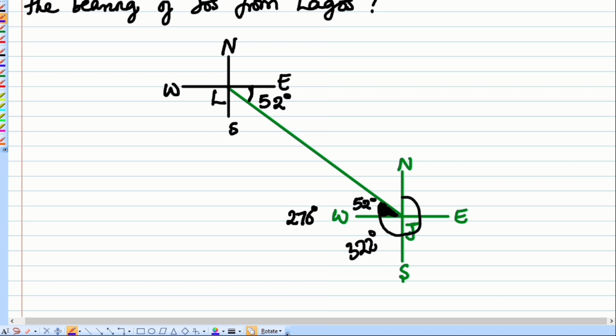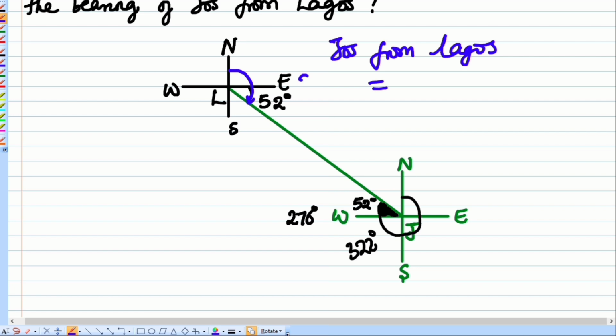Now, remember the question is we should find the bearing of Jos from Lagos. So we should find the bearing of Jos if we are coming from Lagos. So the bearing of Jos from Lagos will be equal to, remember it's from Lagos, we're going to turn from the north in the clockwise direction.